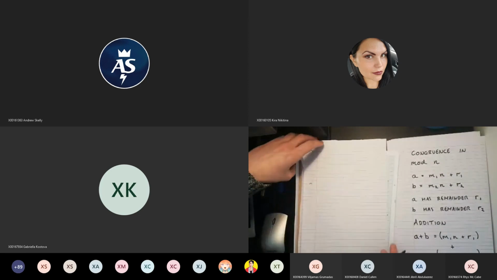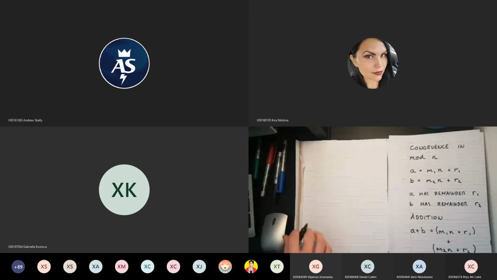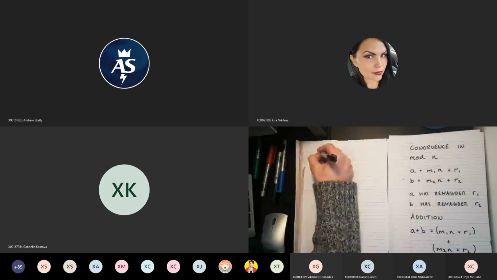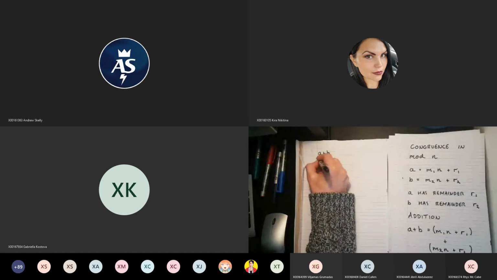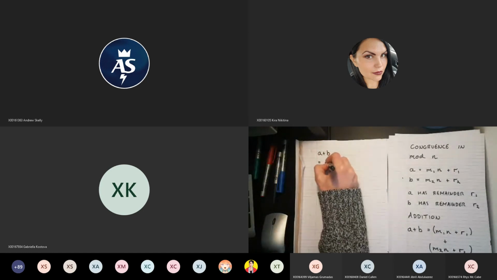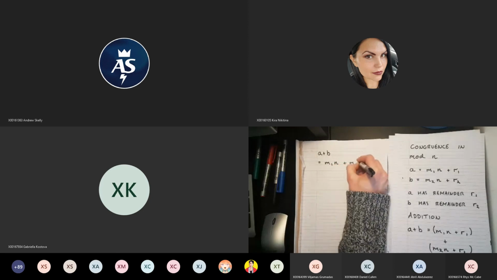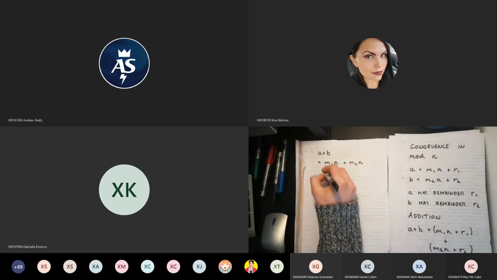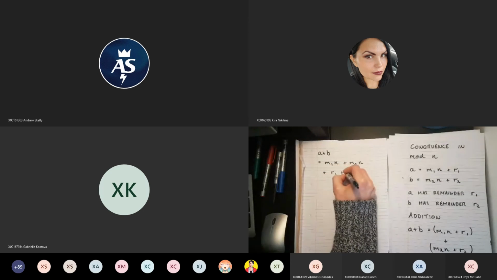Great. So let's add these two numbers together. What do I have? I have that a plus b, and all I'm going to do is bring the n terms together and the r terms together. So this is now going to be m1 times n plus m2 times n, and then I have the two remainders together, r1 and r2.